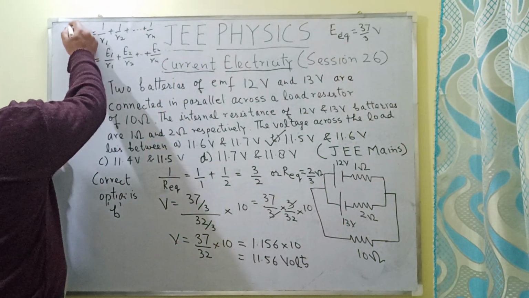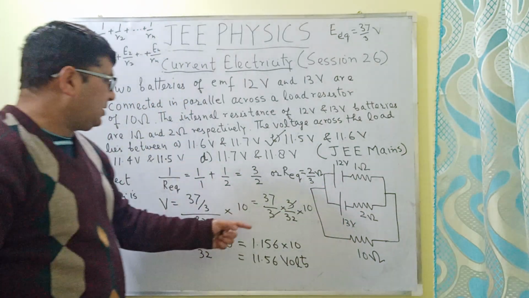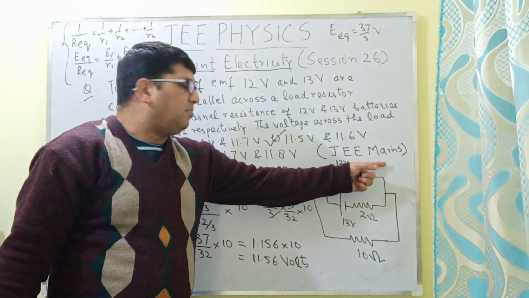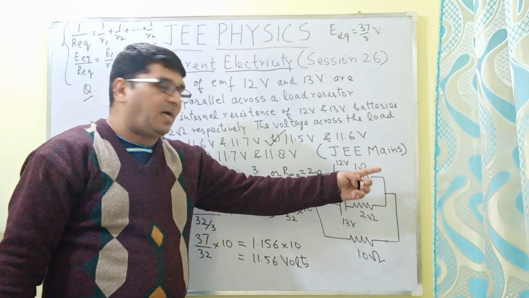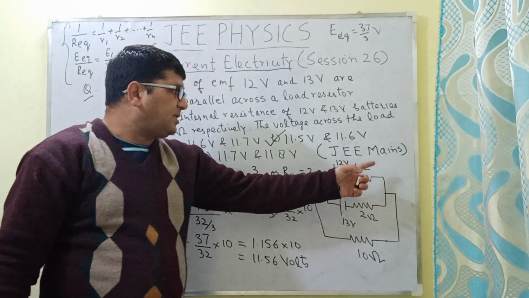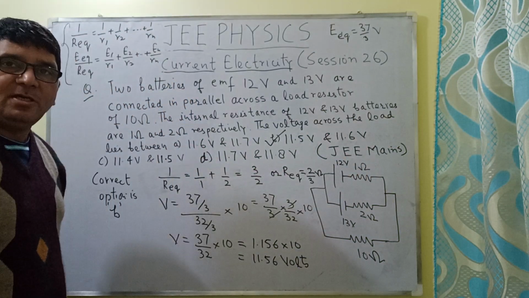So by using these two formulas, we were able to solve this question, and this question was asked in the JEE mains examination a few years back. I don't remember the year in which it was asked, but it was definitely asked in one of the JEE mains examinations.